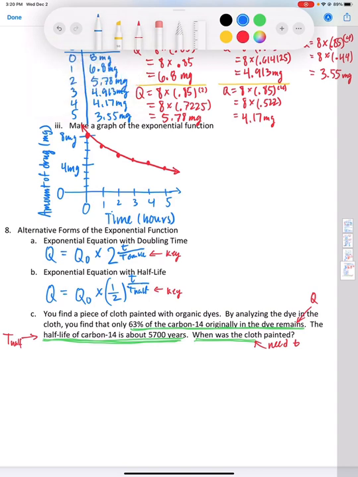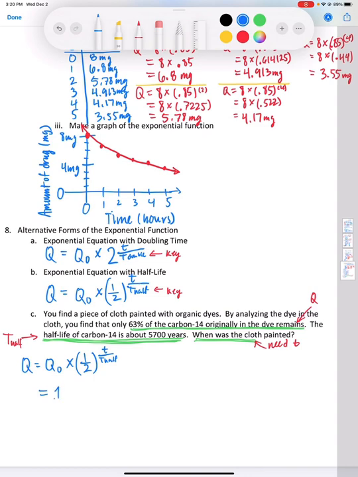So our formula in general is Q equals Q naught, Q sub 0, times 1/2, since it's half-life, to the T over T half. We don't know what Q naught is. Q naught is how much of the quantity is at the start. So how much of the carbon-14 is in there at the start?